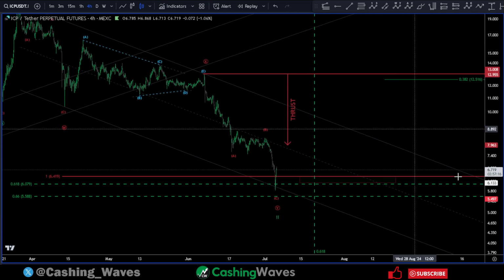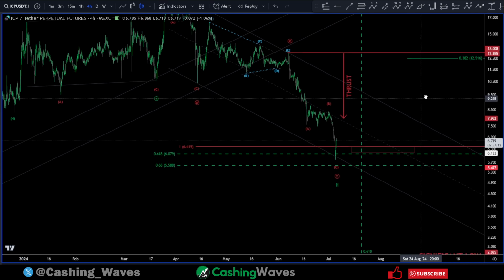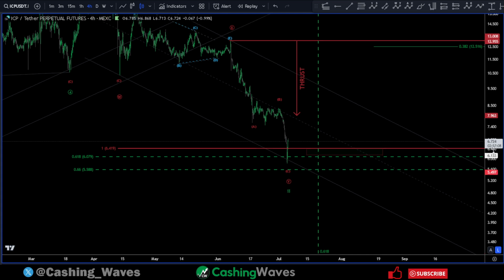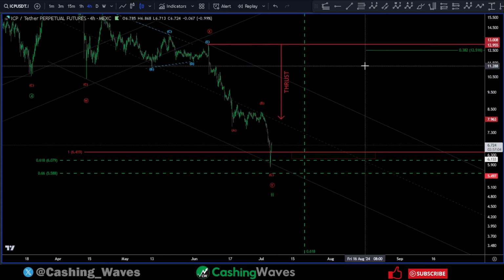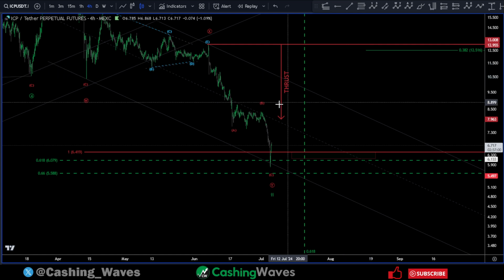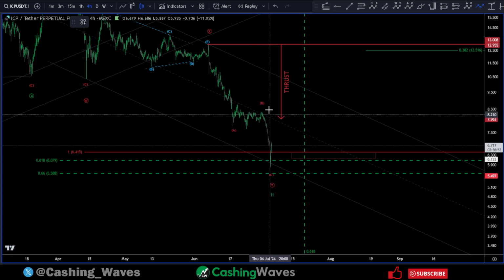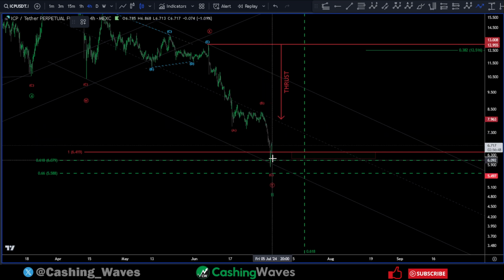Okay, so how can this fail? Again, we need this to be a three-wave move, right? So if this is a five-wave move here, the only real way I see this to still be bullish and we continue to the upside is this ends up making some sort of five-wave move in the C wave.